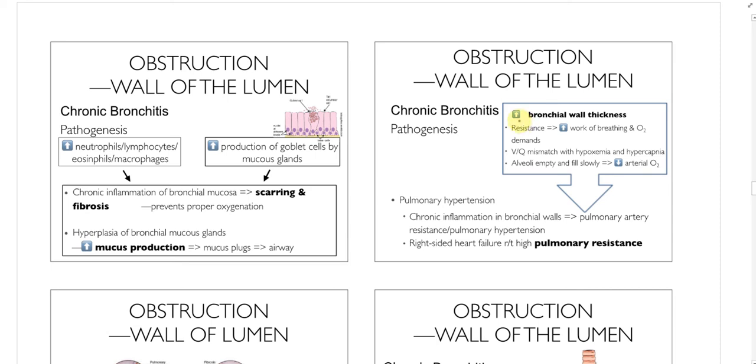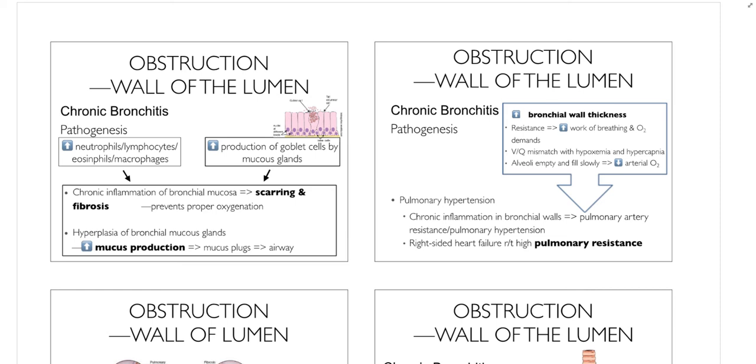We also have increase in bronchial wall thickness because of the hyperplasia of the mucus glands, potentially the hyperplasia or hypertrophying of the muscles around the airways. This is going to lead to resistance in the airways, increasing the work of breathing and O2 demands, because we're having to work that much harder to just even get air into our lungs in the first place.